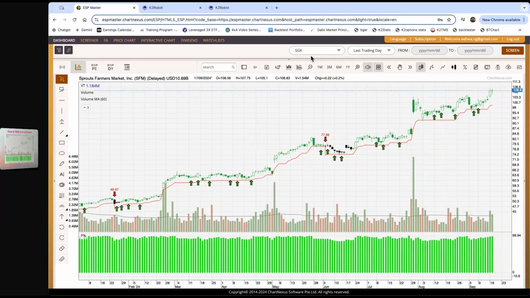Asterisk means unrealized trade. That means it hasn't closed the position yet and continues to ride the trend, continuing to hold until there's a reason to sell. So all these trades from March to July have already exited.